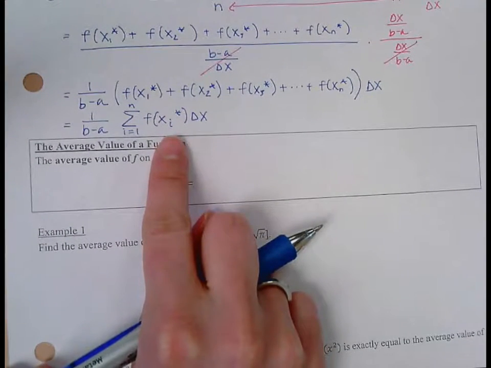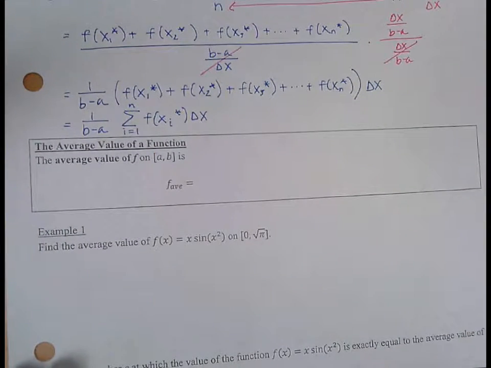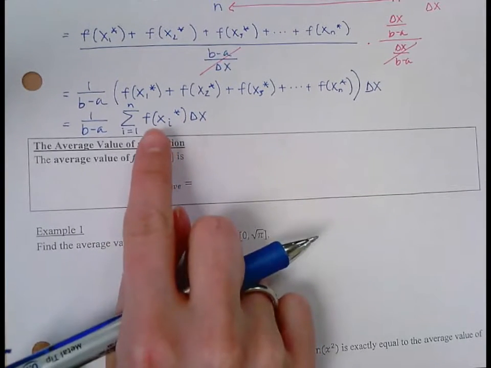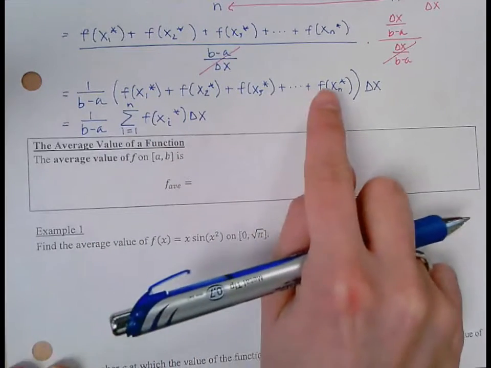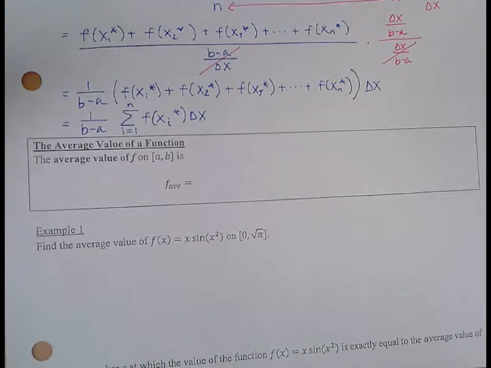Okay, this is kind of like a proof, but you're not going to have to mimic this. So that's replacing all of those function values added together times delta x.